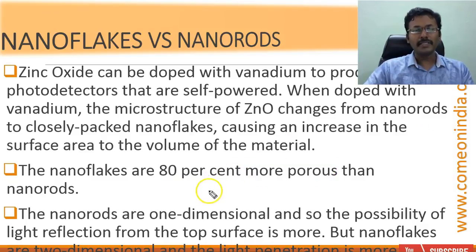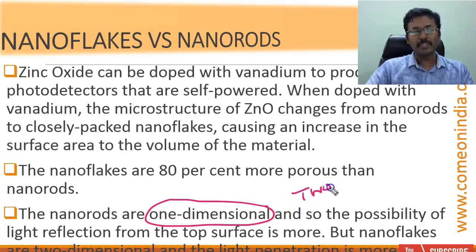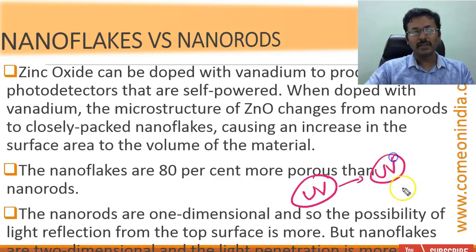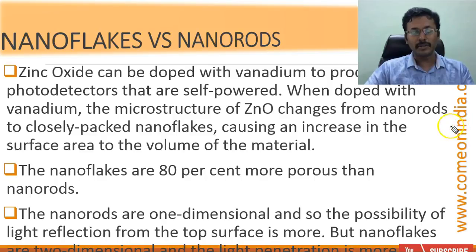And another point is that nanorods are one-dimensional, whereas nanoflakes are two-dimensional. So because of that, nanoflakes can absorb more ultraviolet light. Even if the ultraviolet rays volume is low, nanoflakes can be used.